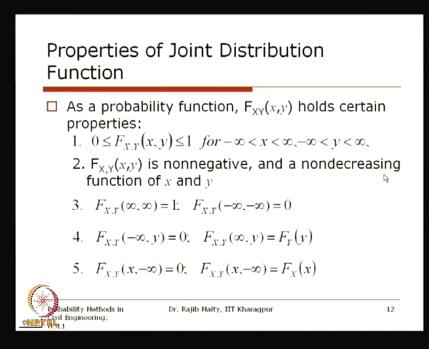You can recall from the description of the single random variable that the CDF, the cumulative distribution function, also starts from 0 and goes to 1, and it is also a non-decreasing function.